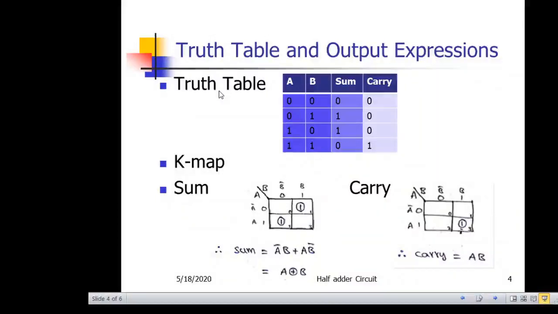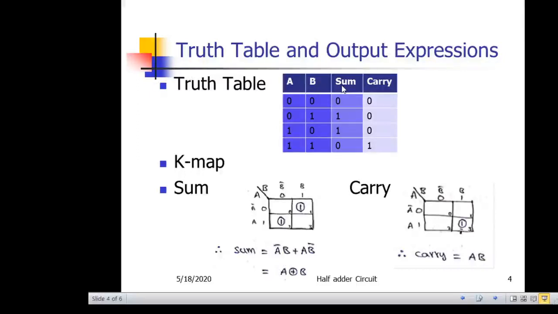The next step is we need to define the truth table to obtain the required relationship between inputs as well as outputs. Here A and B are the inputs, sum and carry are the outputs. You know that for two inputs there are four possible combinations: 0 0, 0 1, 1 0 and 1 1.